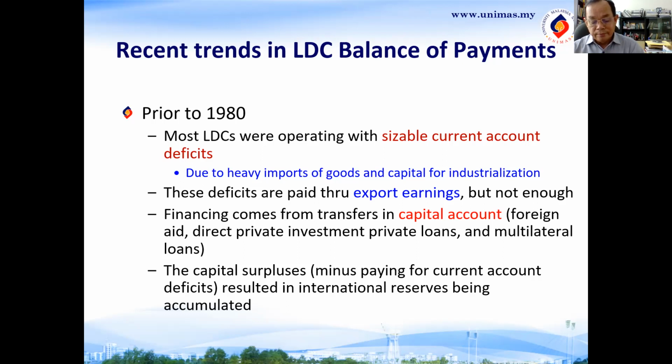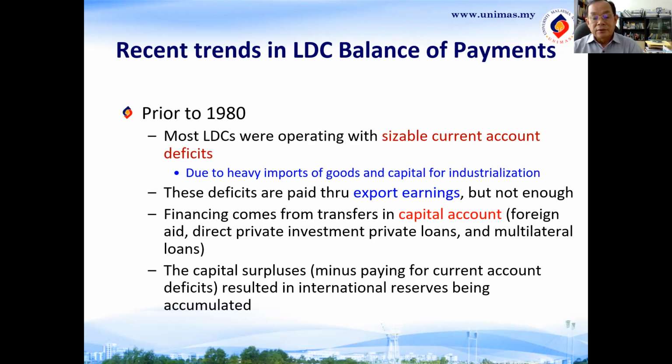See, the point is, if you can export more, then the current account balance will be a positive surplus. But if there is little export but more import, then the current account balance lebih deficit ataupun negative.